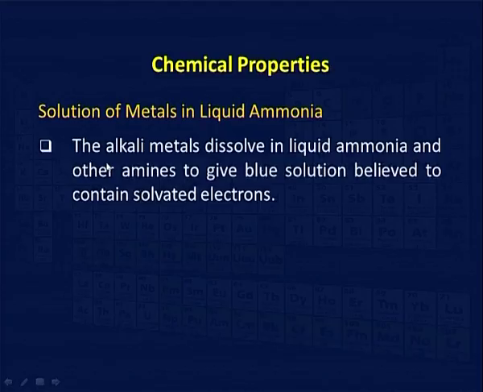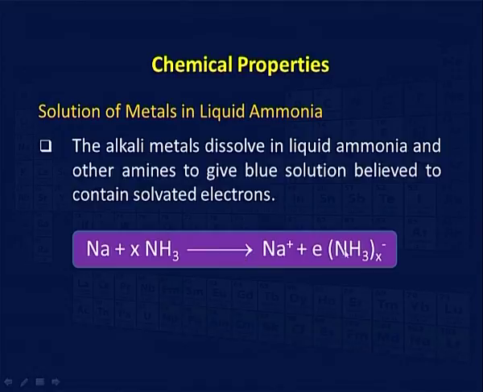You can see that they form a blue colored solution, which is believed to contain the solvated electron. You can see here the solvated electron, NH3 x, electron is e negative. So, it forms this, and this conducts electricity. The solution in ammonia conducts electricity and is a very good reducing agent. This is the property basically.